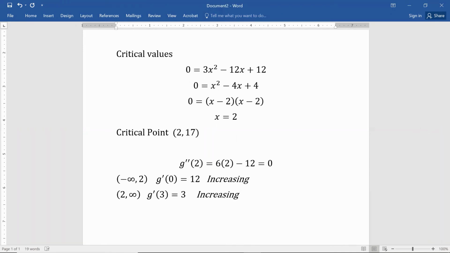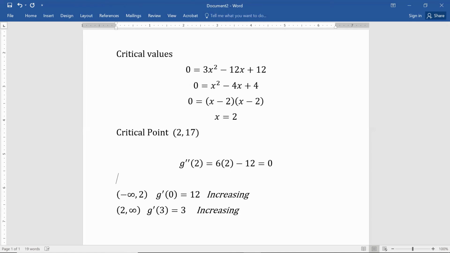So the second derivative test failed. The first derivative test says at 2, we go from an increasing function to another increasing function. That means that this point, the point (2, 17), is neither a relative maximum nor a relative minimum.